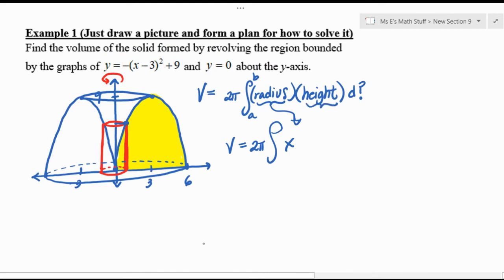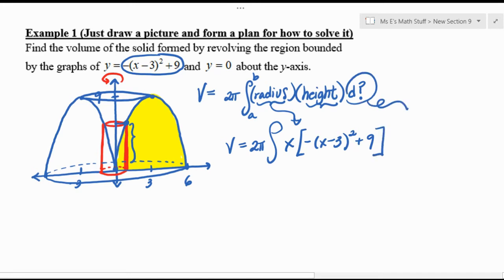Well, it looks to me like it's the distance from the x-axis all the way up to a point on the parabola. And so that would be the y-coordinate, but we're doing a dx integral, so we're going to put that function of x in there for the height. And then we have decided the appropriate variable of integration in this case would be dx.